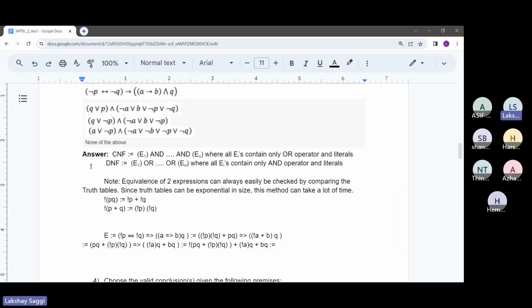So the and between P and Q was replaced by an or between not P and not Q. Similarly, the or between P and Q was replaced by an and between not P and not Q. I hope I'm clear to everyone.